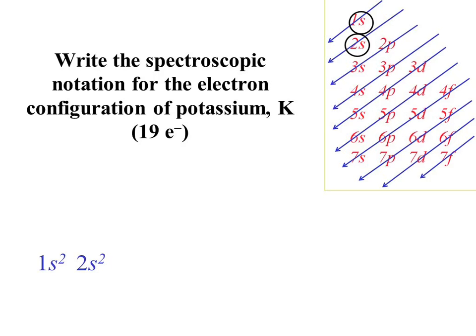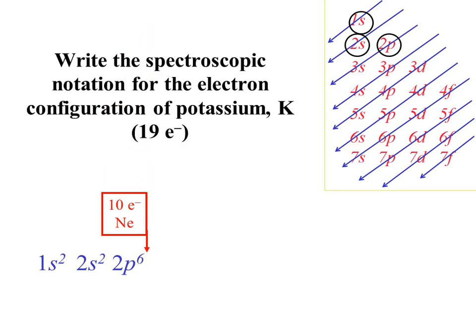Now I go to the top of the arrow, to the 2p, and I can accommodate 6 electrons, and I'm going to have to use all of those rooms. Because right now, and I do this a lot, I add up my superscripts. Right now I'm at 10, and I need 19. So continuing on that same diagonal, I go to the 3s.